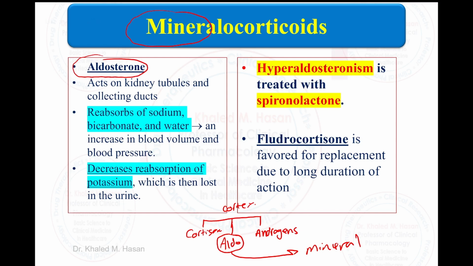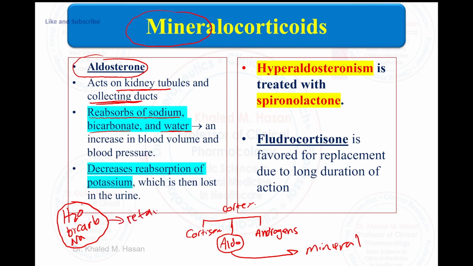The main site of action of aldosterone is the kidneys, and here we talk about the collecting duct. Aldosterone is responsible for reabsorption of sodium, bicarbonate, and water. That means aldosterone will keep water, bicarbonate, and sodium in our body; it retains them.